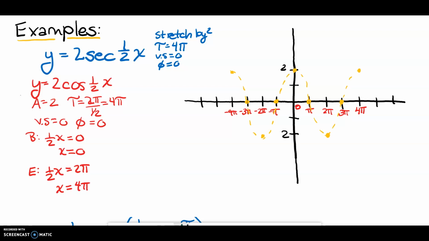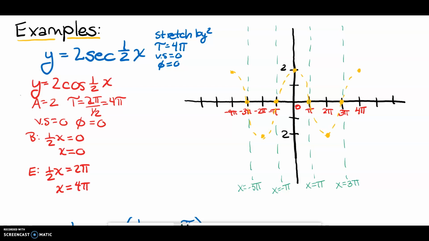The very first thing I'm going to do is draw in my asymptotes for my secant function and label them. And remember, all asymptotes must be labeled. So this is x equals negative 3 pi, x equals negative pi, x equals pi, and x equals 3 pi.